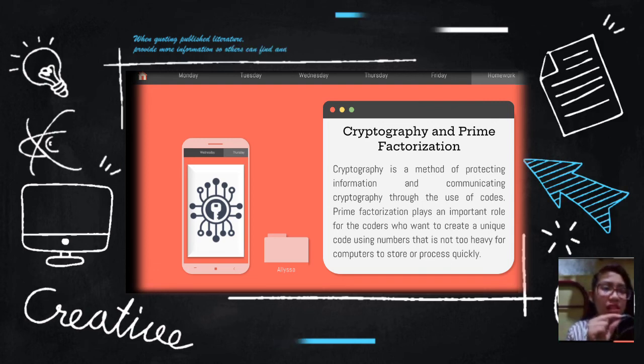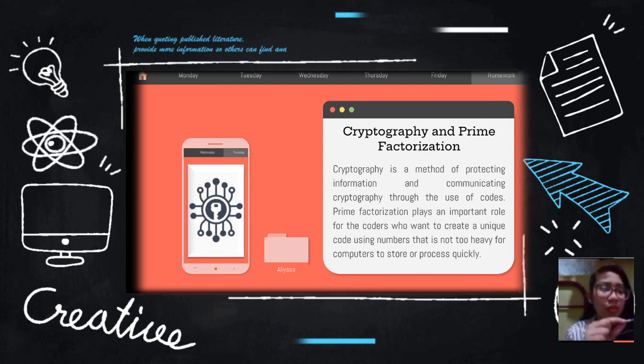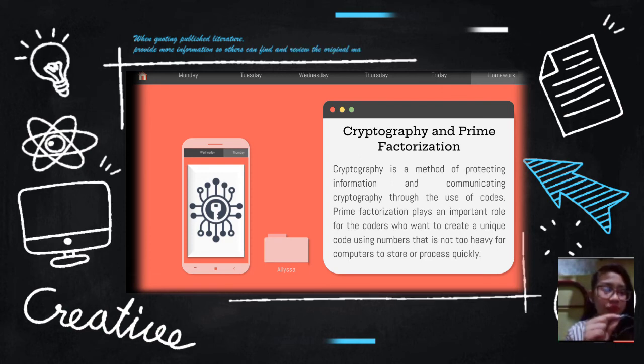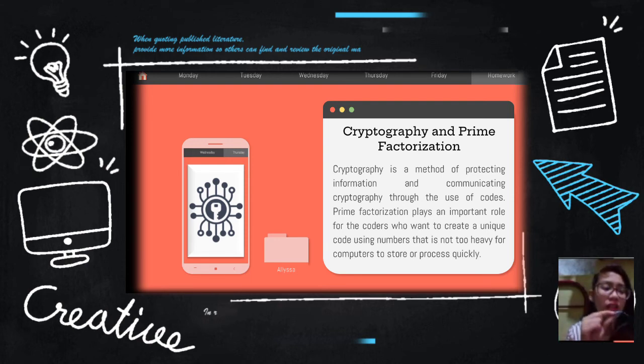So a common practice is to use very large semi-primes. So yun yung result ng multiplication ng two prime numbers as the number securing the encryption. In order to break it, they would have to find the prime factorization of that large semi-prime number.